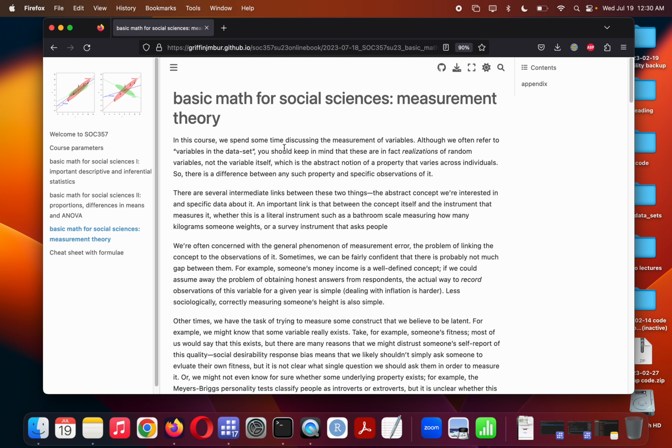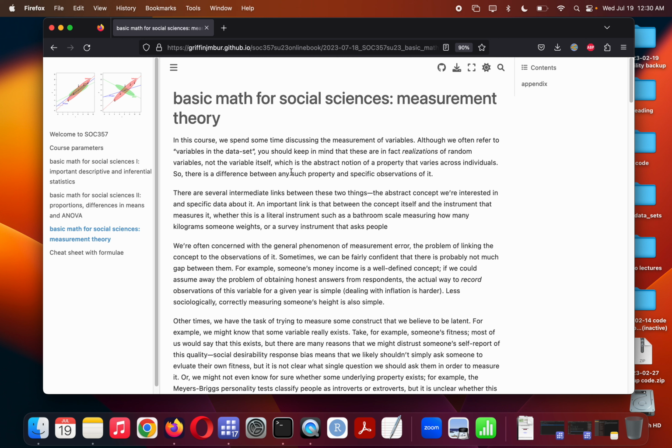So what we actually do observe are separate pieces of information about instances of this variable. So there's a difference between any such property, like the level of education someone has, or a person has, to put it more generally, and specific observations of it.